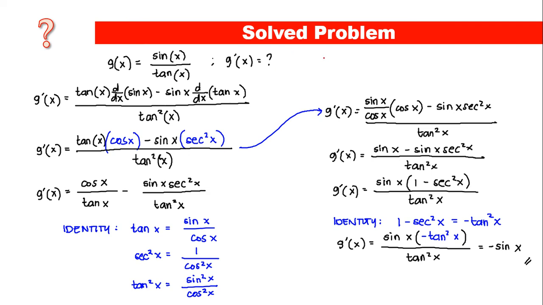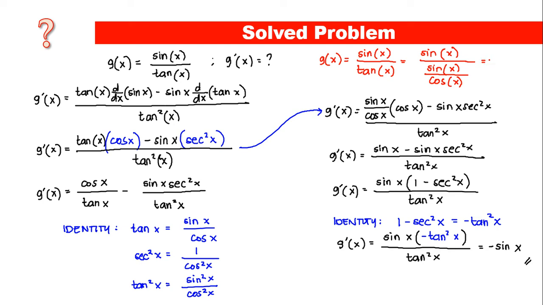So, yung ating g of x kasi, equal yan sa sine of x divided by tangent of x, which in fact, it is equal to sine of x over, itong tangent of x, equal yan sa sine of x over cosine of x.